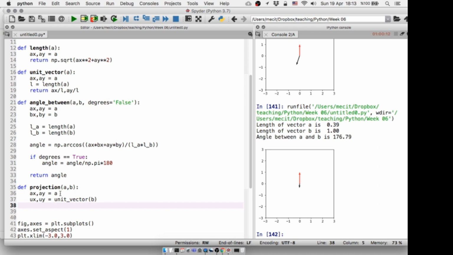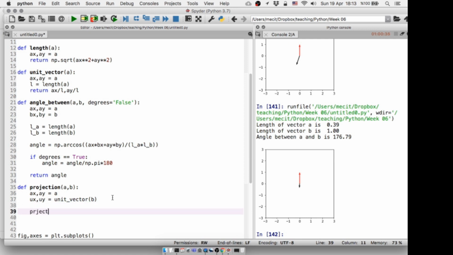Okay. Now, this projection function, I am writing it in general, where B is not a unit vector. If B is a unit vector already, this line will not do anything to vector B, but still assign the values to ux and uy. Now, the magnitude of the projection will be the dot product as I just showed.